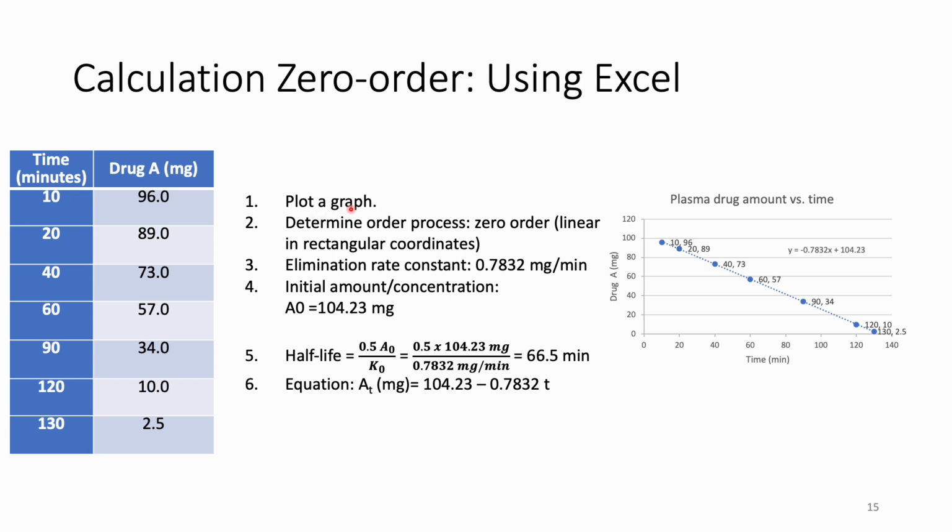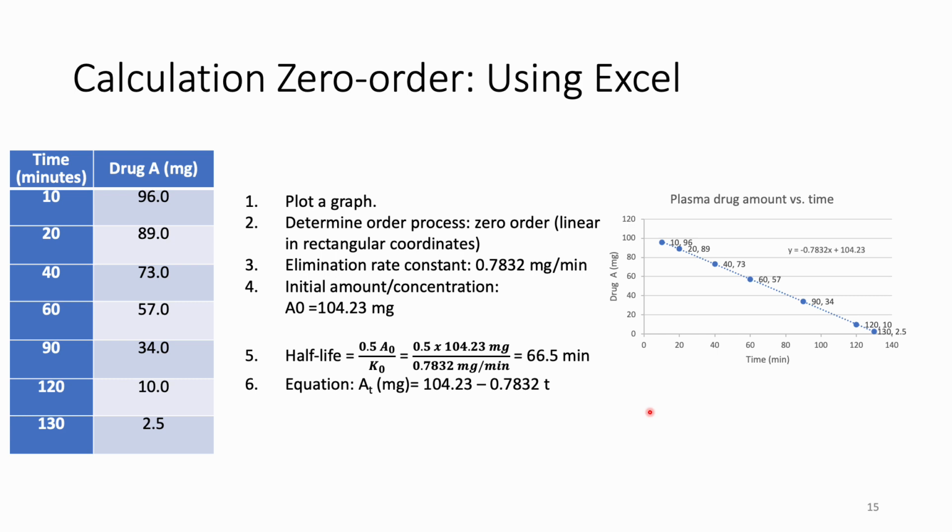So first, I still plot a graph. If using Excel, it should take me less than 30 seconds to generate this time curve. It's that easy. You just put in the numbers, and then from Excel, you can insert the chart, and then you have it. I will have a separate video to instruct you how to calculate the PK parameters with zero order and first order using Excel.